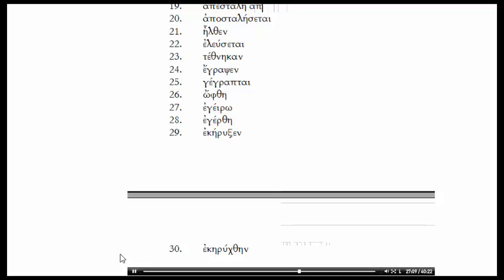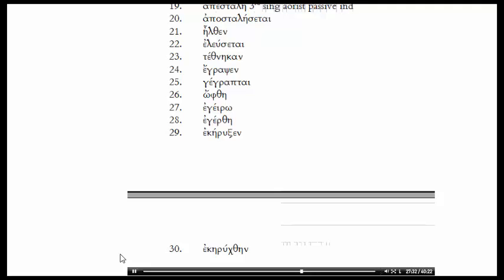So apestalane is going to be your sixth principal part, so this is going to be a third singular aorist passive indicative, meaning he was sent, or it was sent, or she was sent.